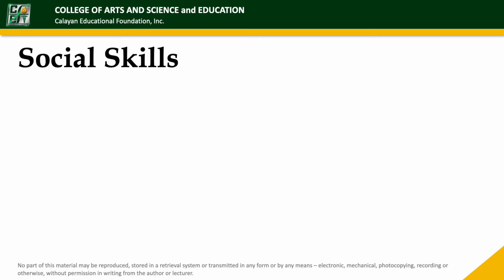So meaning to say, you need to have a role model when it comes to good communication. Sino ba sa mga kakilala mo, teachers mo, or anyone na sa palagay mo ay gusto mong gayahin, at kung gusto mo mas magaling pa sa kanila when it comes with their ability to speak, yung kanilang mga social skills. So you need a role model.